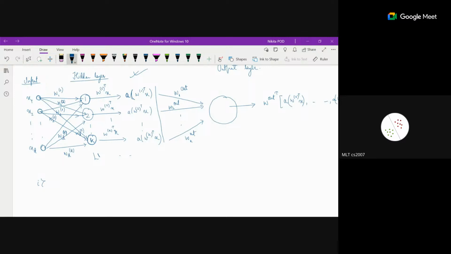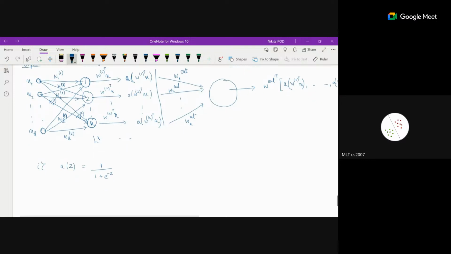One activation function that is introduced is, let's define it as A of z equal to 1 upon 1 plus e to the power minus z. This is a sigmoid function, and it is a differentiable function. How does this look?